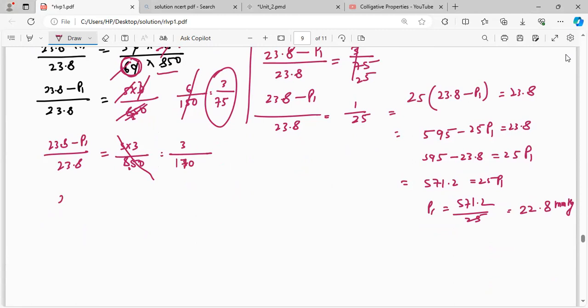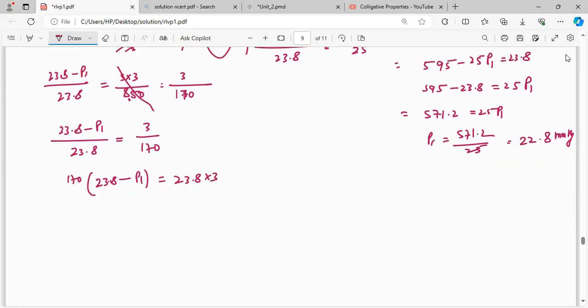So 23.8 minus P1 divided by 23.8, here we can write 3 upon 170. Now we are solving: 170 times 23.8 minus P1 equal to 23.8 multiplied by 3.